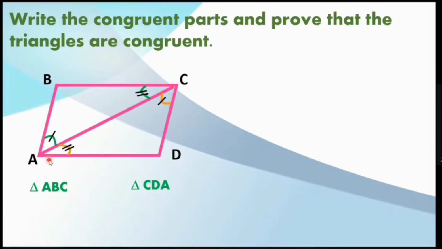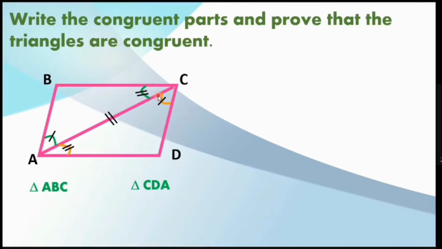Okay, so as we can see in the figure, we have two pairs of corresponding angles that are marked congruent. So we are looking for another pair of parts that are congruent. Kung mapapansin natin, this side here, side AC, is actually a shared side. So therefore, we can mark this one as the third pair of parts that are congruent.